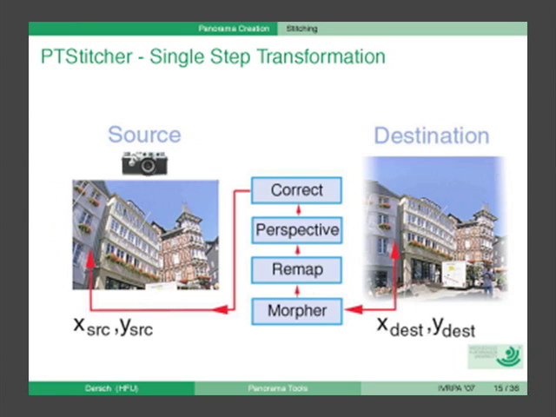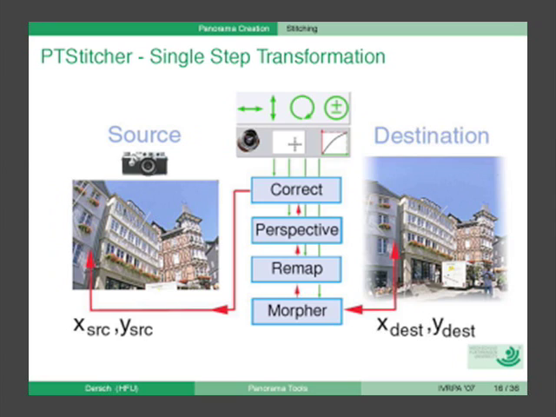This morpher step is used for uncorrectable errors, or I should say errors uncorrectable by the 3 steps above here. For instance, unusual lens distortions or nodal point errors. All these transformations are controlled by the parameters mentioned before.